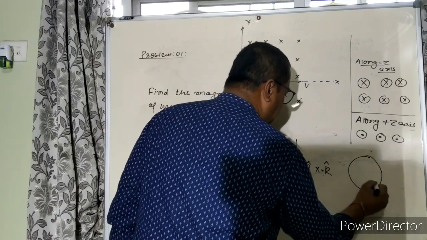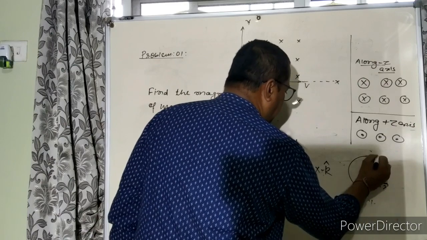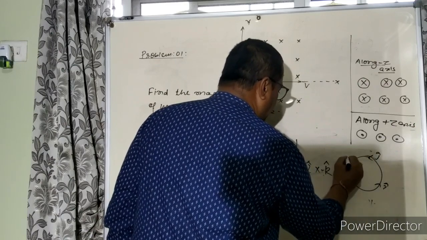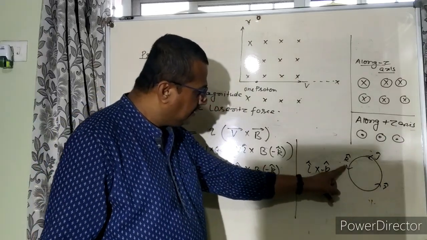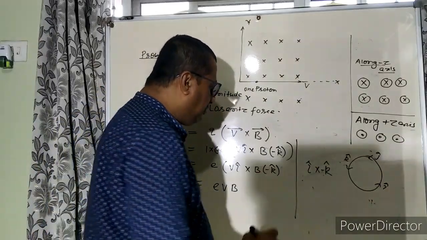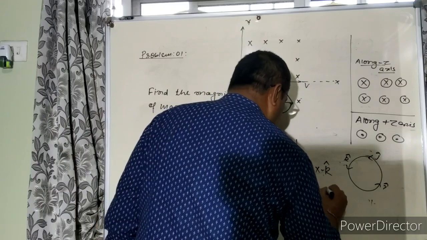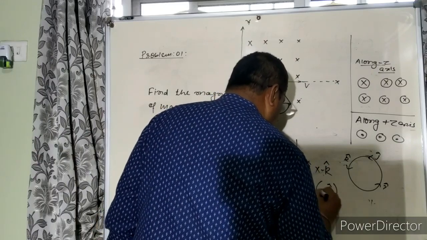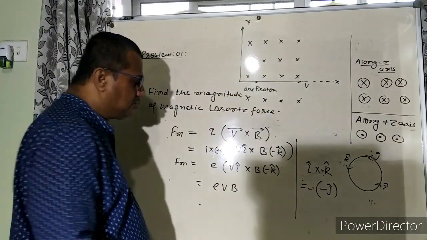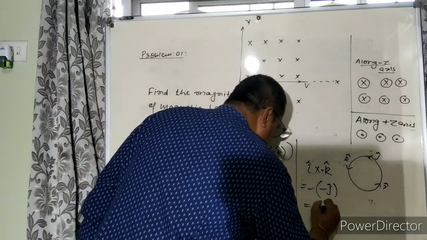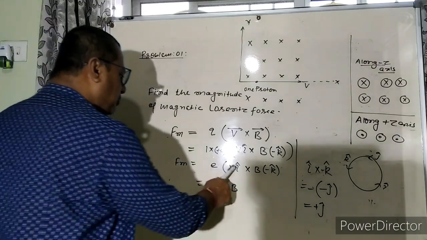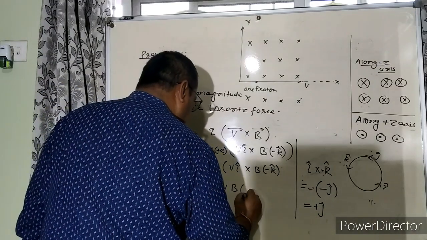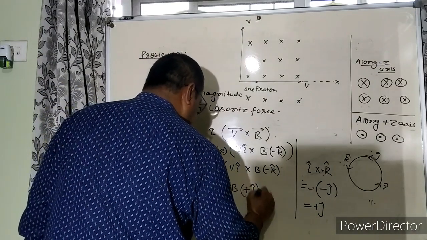This is the i, this is the j, and this is the k. i cross k is the reverse, that is equal to minus j, and one minus sign is also here. So minus plus, this direction will be equal to plus j. So i cross minus k equals plus j.